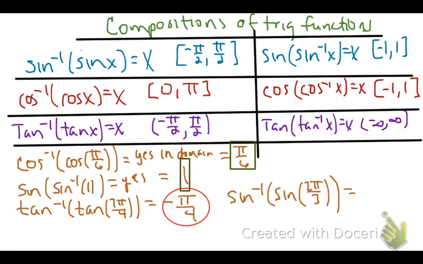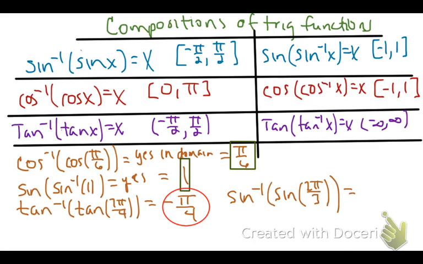Does 2 pi over 3 lie within the domain? 2 pi over 3 is in quadrant 2.